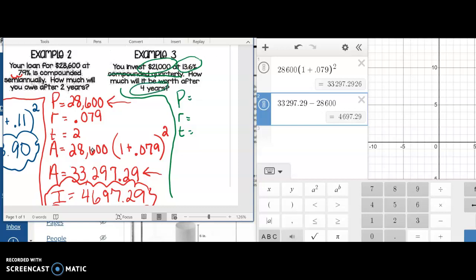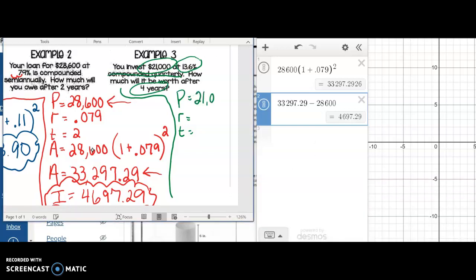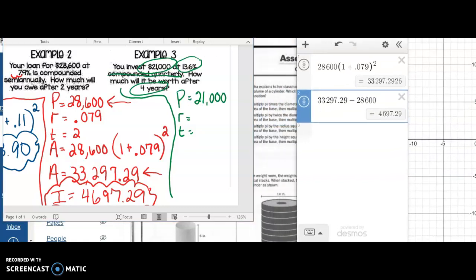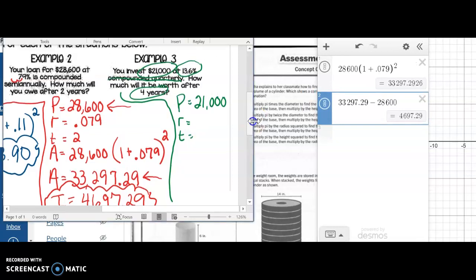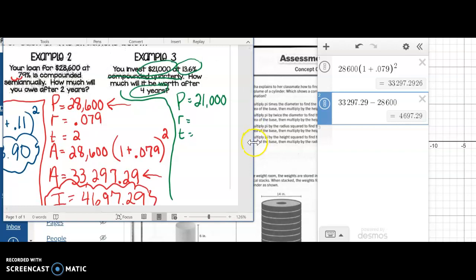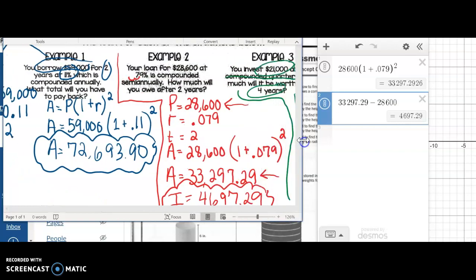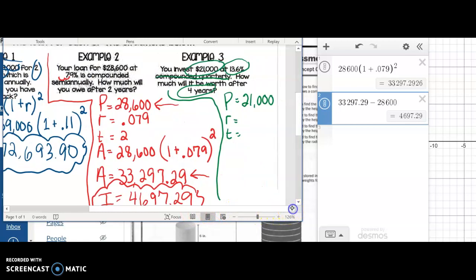Okay, so what is my P value there? 21,000, good. That's how much you're letting somebody borrow. And then what is, sorry, I just had to move that. 4 years.